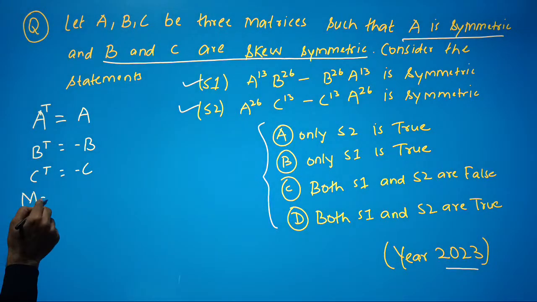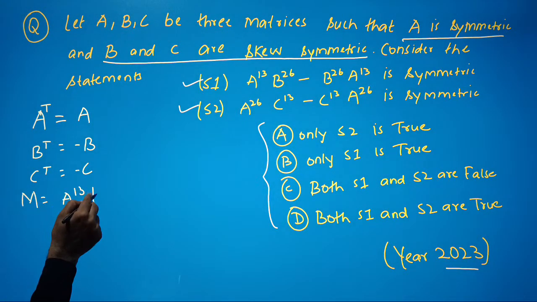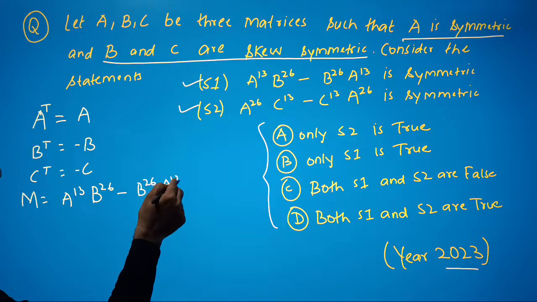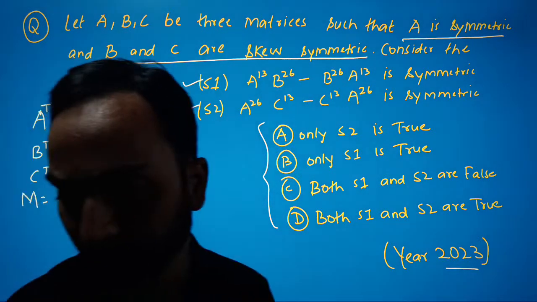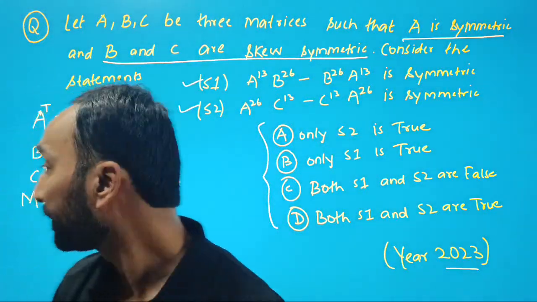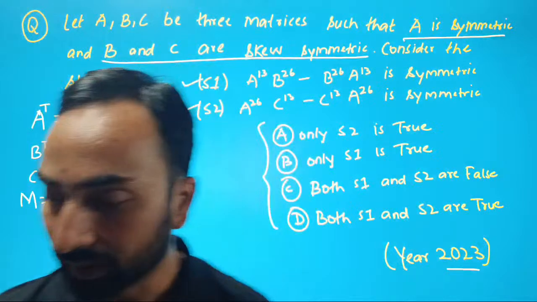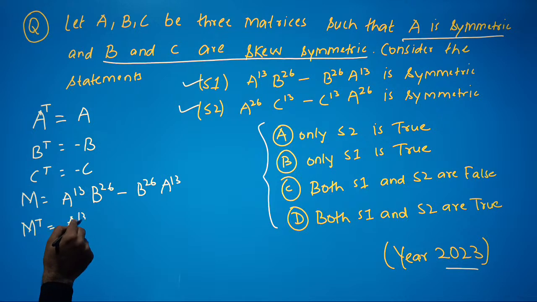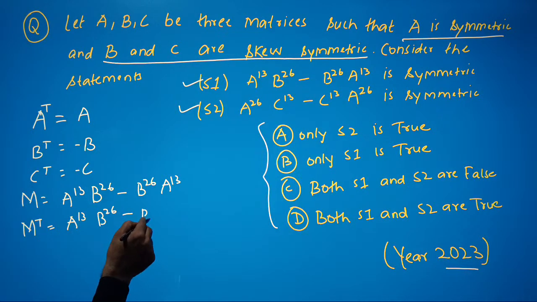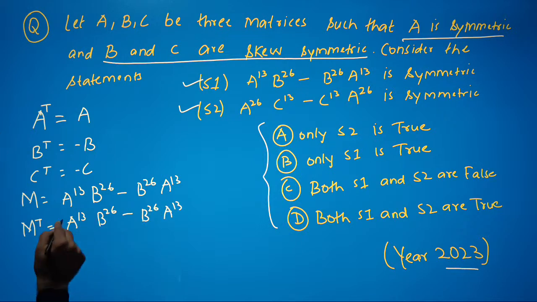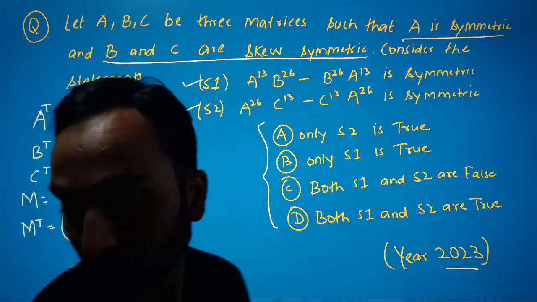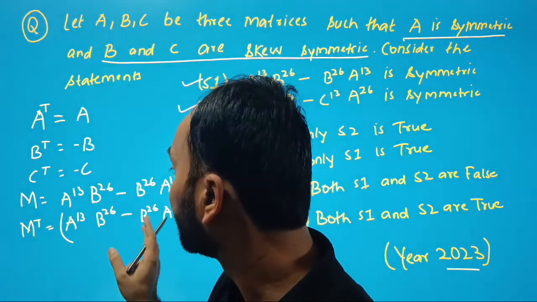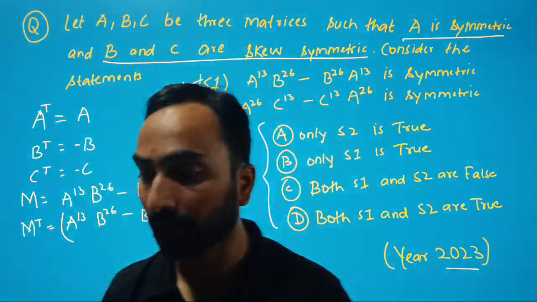So M is equal to A^13 B^26 minus B^26 A^13. Now let's transpose M. So M transpose is equal to the transpose of A^13 B^26 minus B^26 A^13, okay?